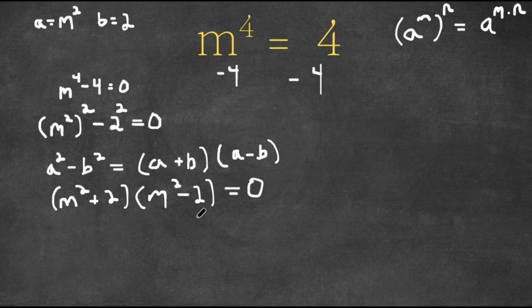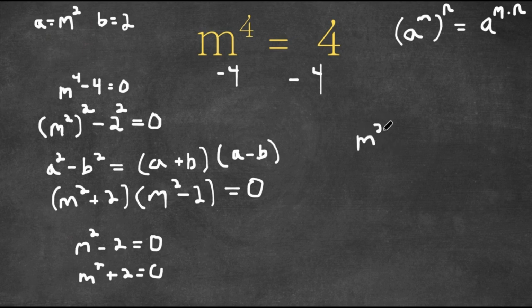And now we have two equations. We have m squared minus 2 equals 0, and we have m squared plus 2 equals 0. So let's first start with m squared minus 2 equals 0. I'm going to write that right here.